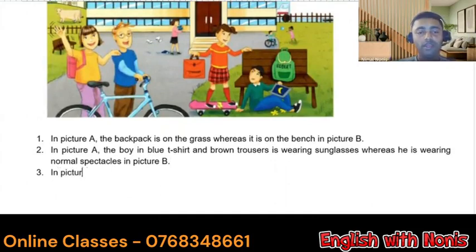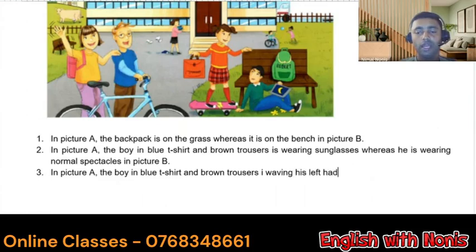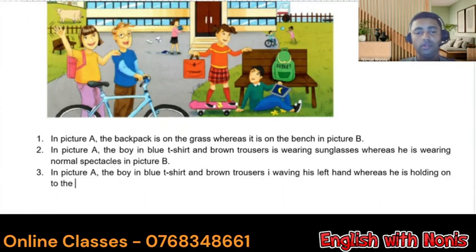In the same way, in picture A, the boy in blue t-shirt and brown trousers is waving his left hand, whereas he is holding onto the bicycle in picture B. So in picture A, he is waving his left hand.